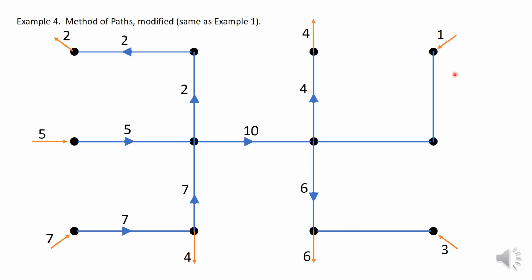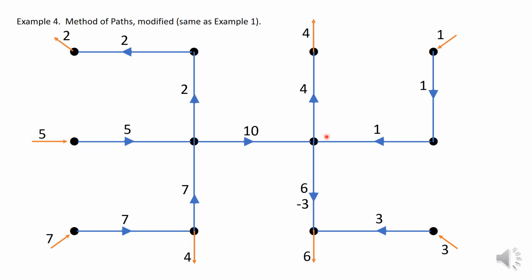Now let's look at the remaining inputs. I have a 1 in here, a 3 in here, and a 4 out. What I'll do is try to get these 2 to merge into this 4. So I'll have 1 coming down here and across here, and 3 going across here, and then upward here. So it's a -3 because it's against the arrow.